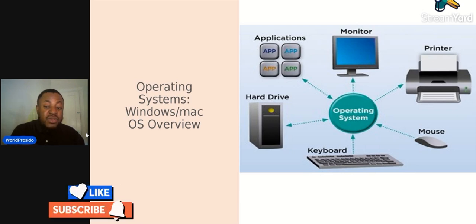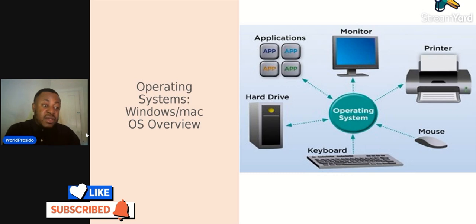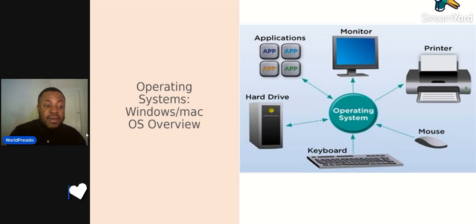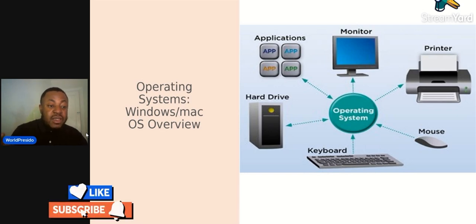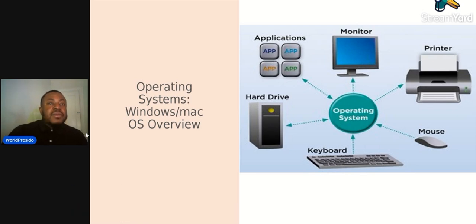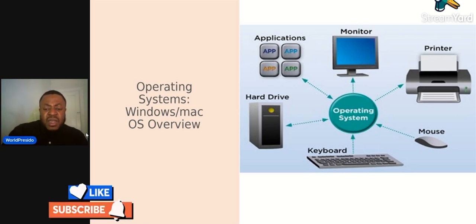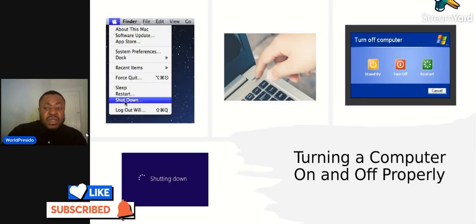You send an input through a keyboard. The operating system sees the signals. Okay, you're trying to type. It starts to display it on the monitor. You click the mouse. The operating system understands. Okay, you're clicking. What's the message? It interprets it and displays it on the monitor. So that is basically all about the operating system.